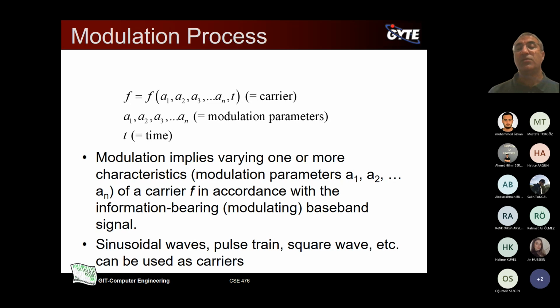It is to vary one or more characteristics of the carrier function f in accordance with the information-bearing baseband signal. In other words, if you are talking about a binary signal, according to bit 0 or bit 1, you're going to change one or multiple of these parameters. And we use different signal shapes for the carriers, such as sinusoidal, pulse train, square wave.